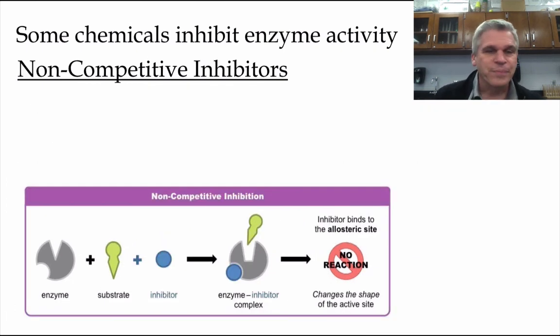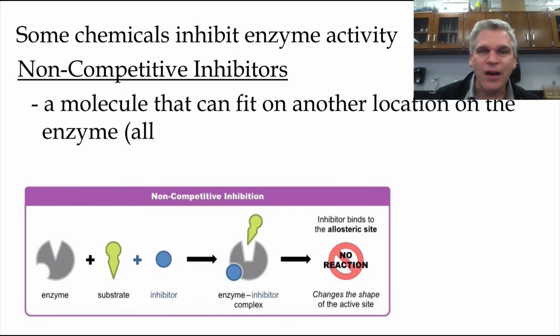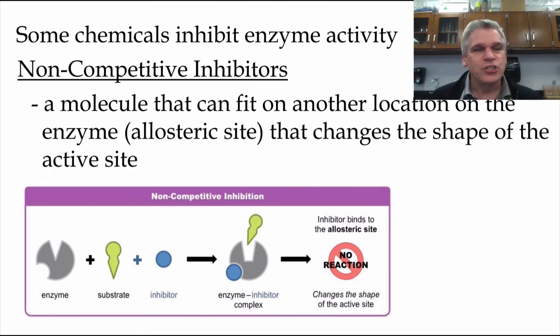Non-competitive inhibitors can do something similar. So if we look at the substrate and the inhibitor in this picture, they have a totally different shape. Well, that's because the inhibitor can attach to a different part of the enzyme. And when it attaches to that other part of the enzyme, it changes the shape of the active site. Now remember, enzymes are molecules, and many things can attach to these proteins.